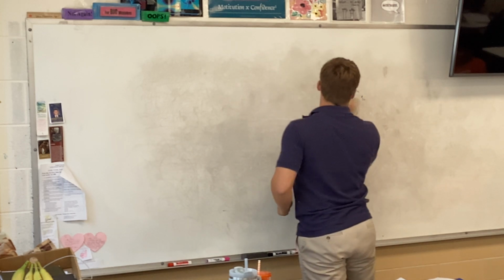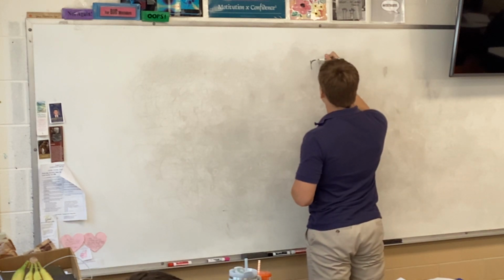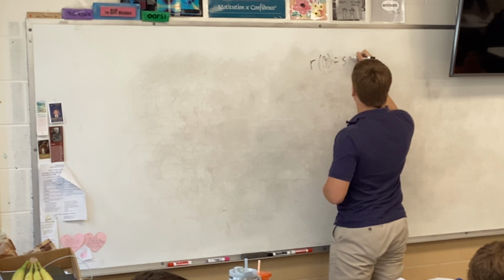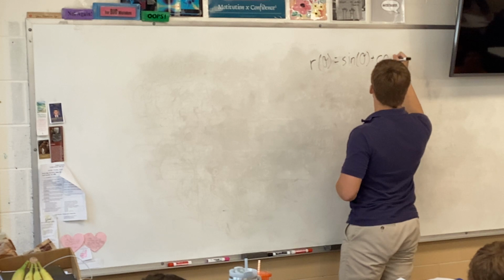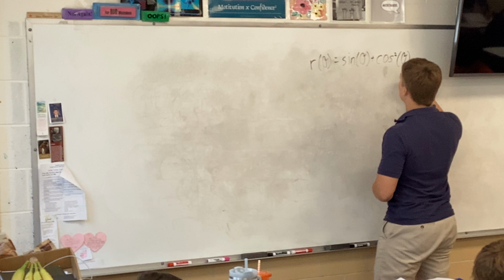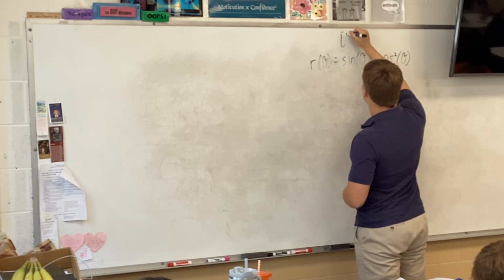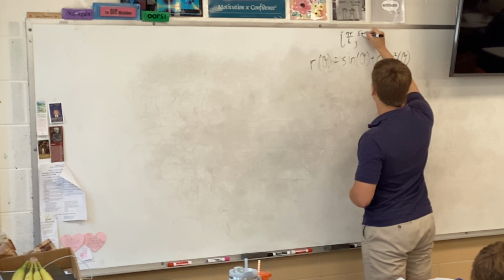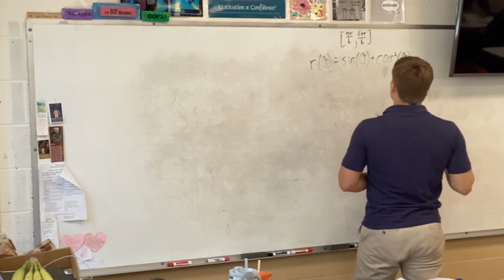The function is r of theta equals sine theta plus cosine squared theta, and the interval that you're finding the average rate of change over is pi over 6 to 5 pi over 6. Okay, so please set up your formula first.